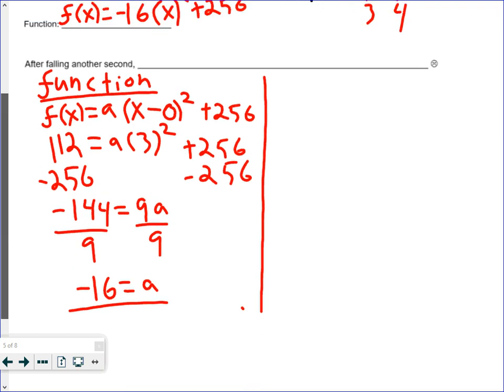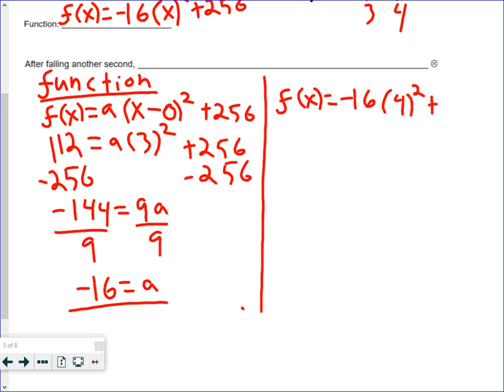To figure that out, we're going to plug the 4 into the equation, because if you want to know what happens at x equals 4, we need to plug 4 into the equation. So we have f of x equals negative 16 multiplied by 4 squared plus 256. 4 squared is just 16, so we get negative 16 multiplied by 16 plus 256.